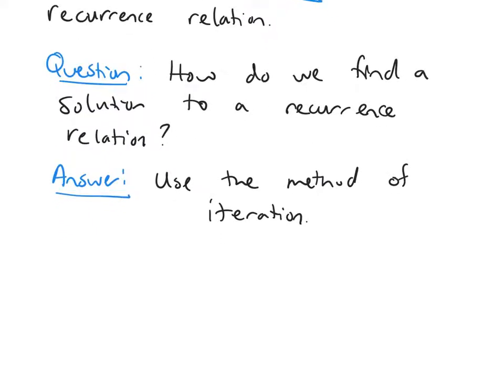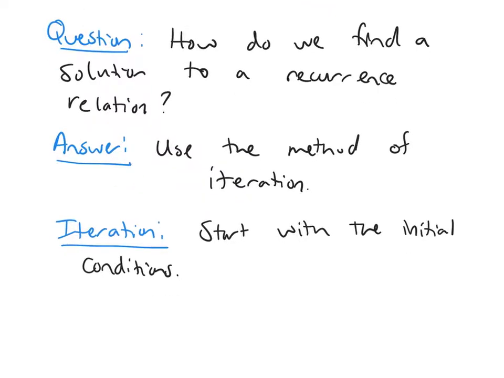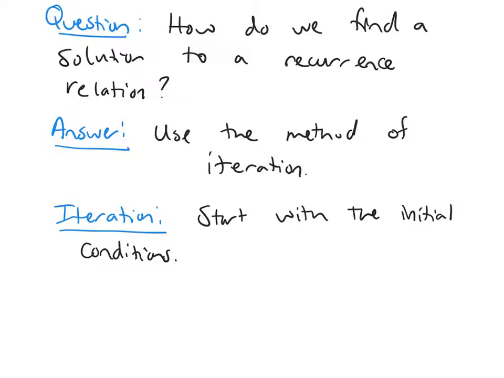So let me explain briefly what iteration is. You're going to start with the initial conditions that you're given in a recurrence relation.